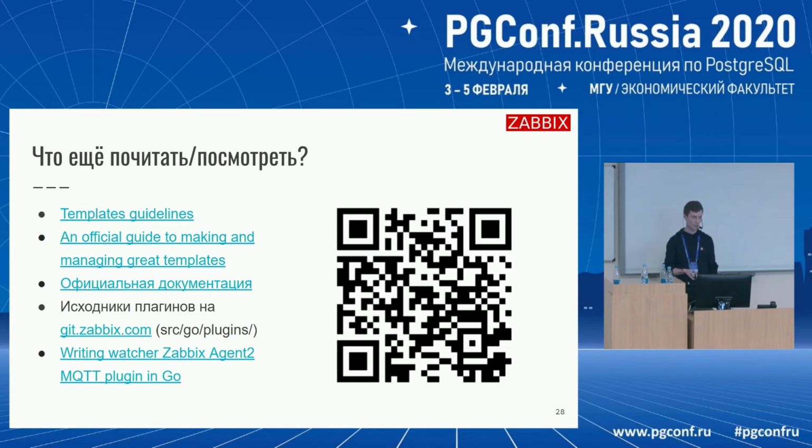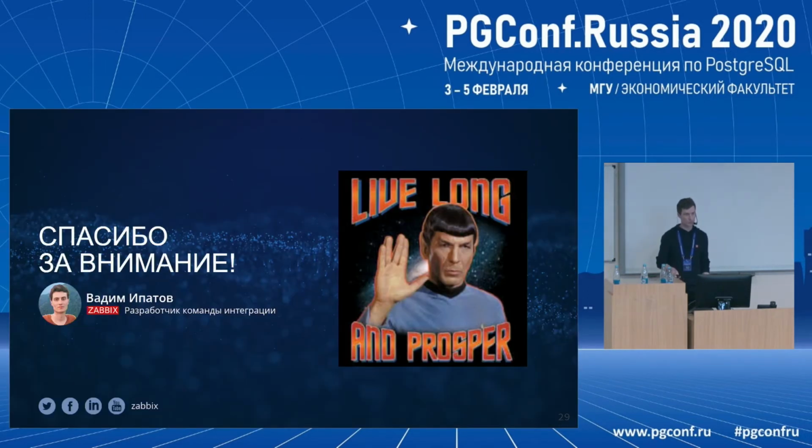If you want more code samples, the best place is git.zabbix.com with our own directory. You can get standard checks, and also there are some code samples in the debug catalog. And last is a link to an article dedicated to writing a Zabbix agent 2 watcher.